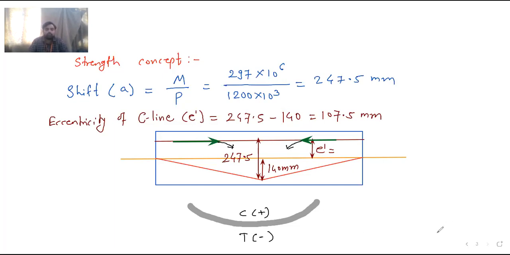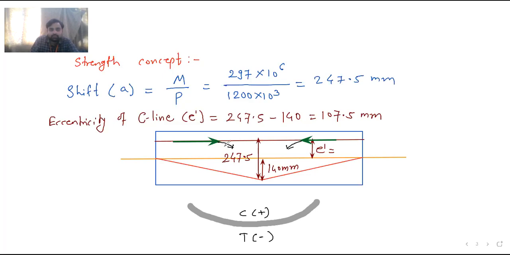Now to calculate the maximum stresses, that is extreme stresses, it is C by A as my first term and C E dash by Z as my second term. At top compression, at bottom tension, because our C line lies above the neutral axis.